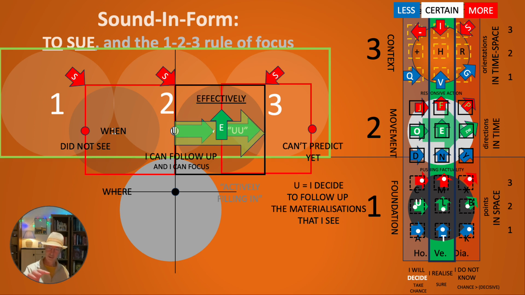The letter E in my system is not just about timing, it's in the middle of all the timing, it's the highlight of all the timing. It's going to highlight what is changing in time. So what I'm doing here is following up what I know in a time schedule. So I follow it up during a certain time effectively.